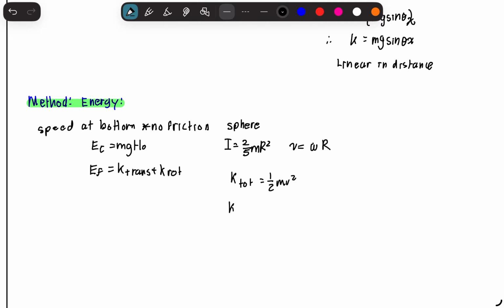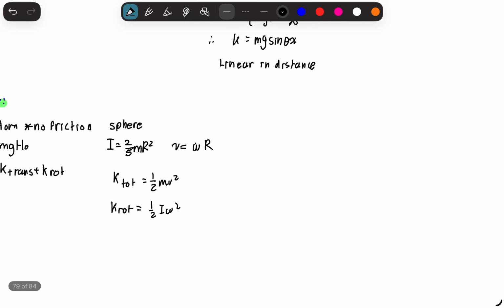For our rotational kinetic energy, we have 1/2 I omega squared. So K rotational is 1/2 times 2 over 5 mr squared omega squared. That's 1 over 5 mr squared omega squared.